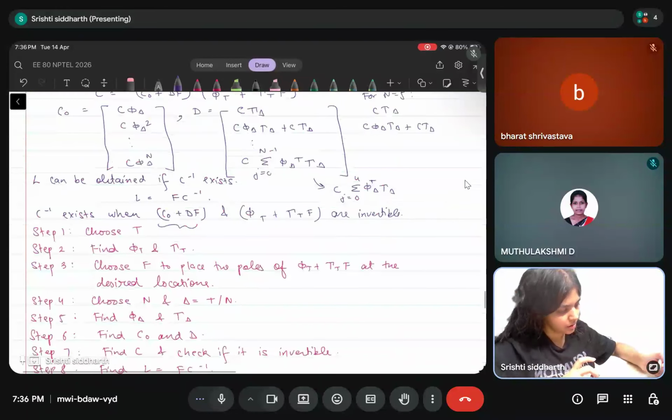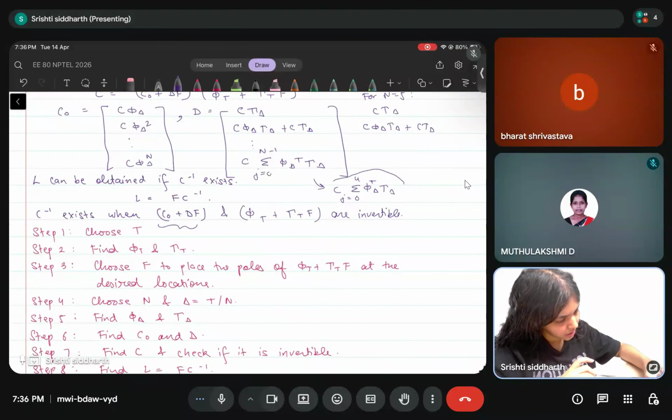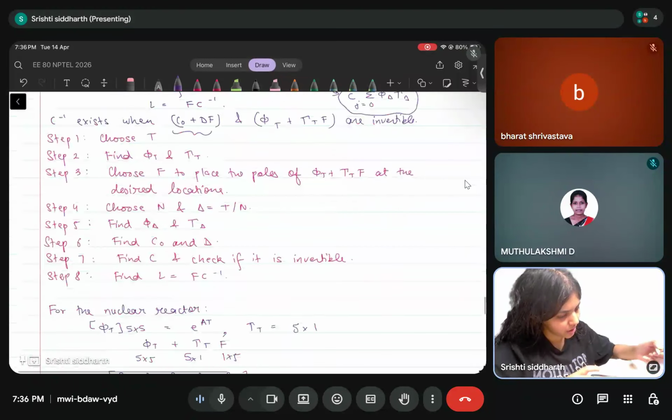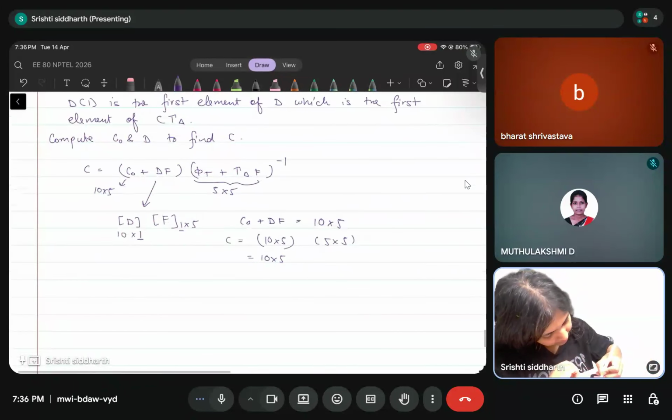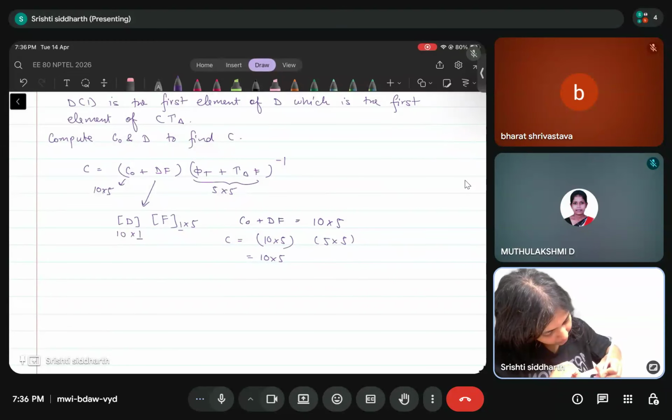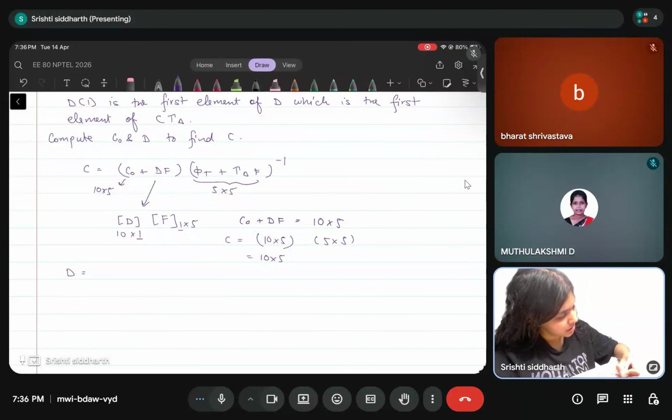So let's expand this. This is going to be D, C gamma delta, C phi delta.